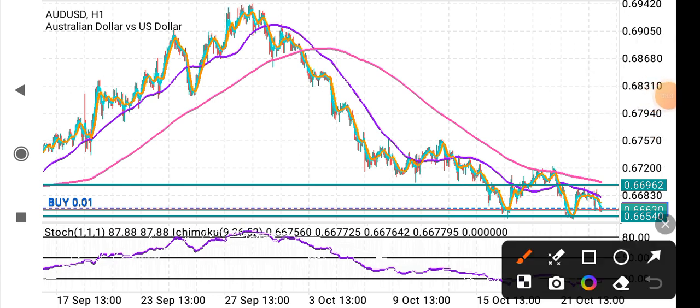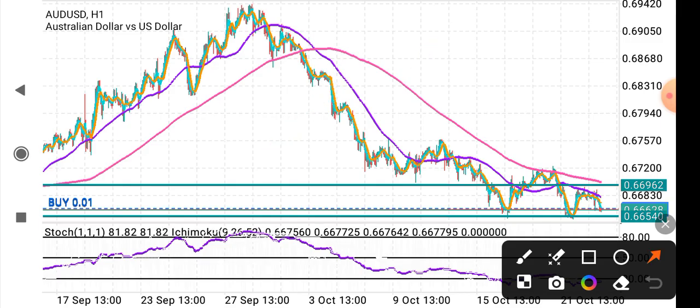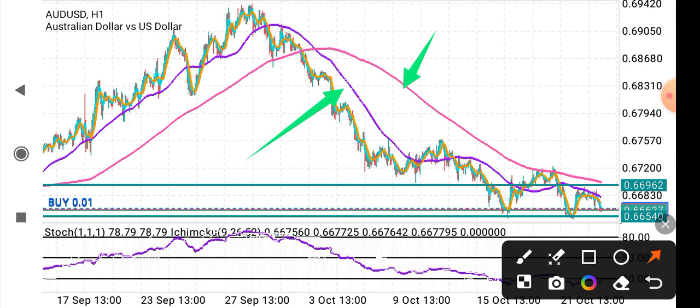So this one is 200 moving average. This one is 60. Let me use this other cursor. So this one is 200, this one is 60. Simple. The red one is 200 moving average. The purple one is 60. Simple moving average.